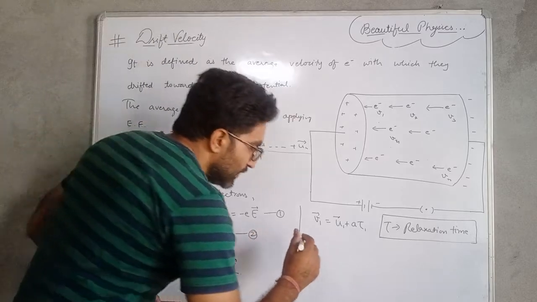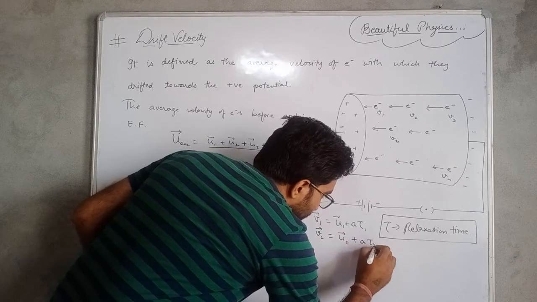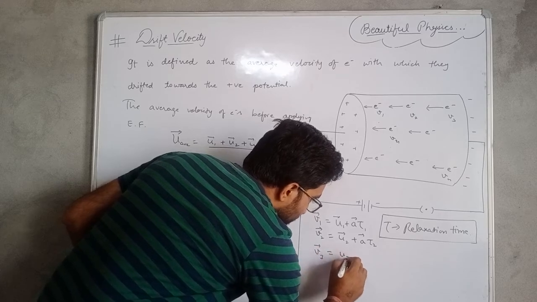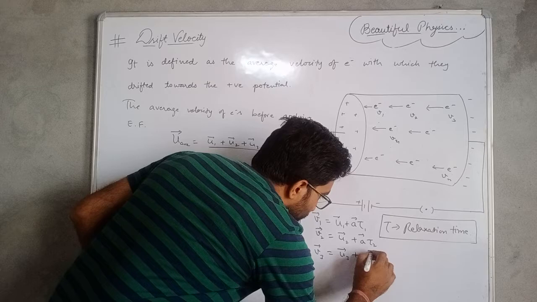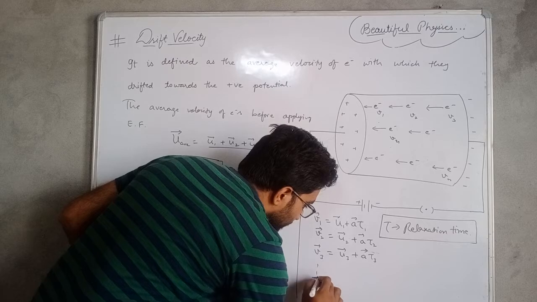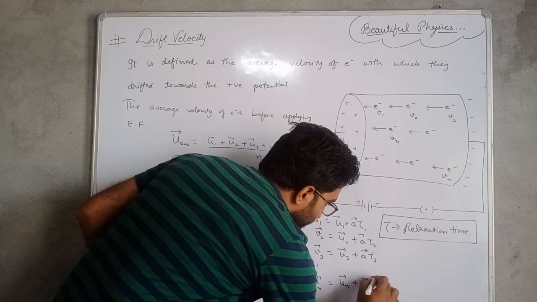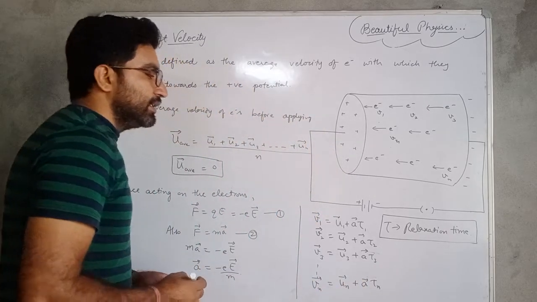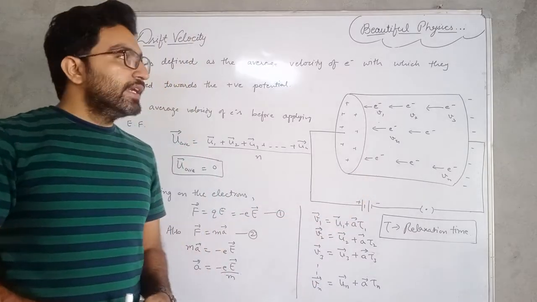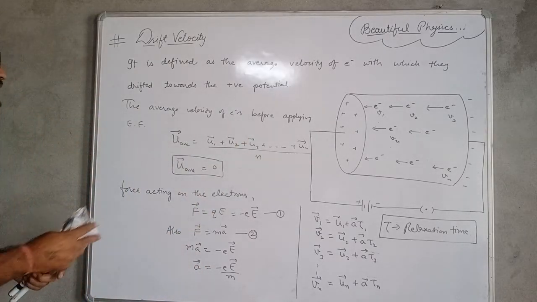Okay, similarly if we have to write v2, it will be equal to u2 plus a tau 2, and v3 will be equal to u3 plus a tau 3. Like that, vn will be equal to un plus a tau n. Okay, so these are the final velocities acquired by the electrons after the application of electric field, and we have to find the drift velocity, and drift velocity is the average velocity.